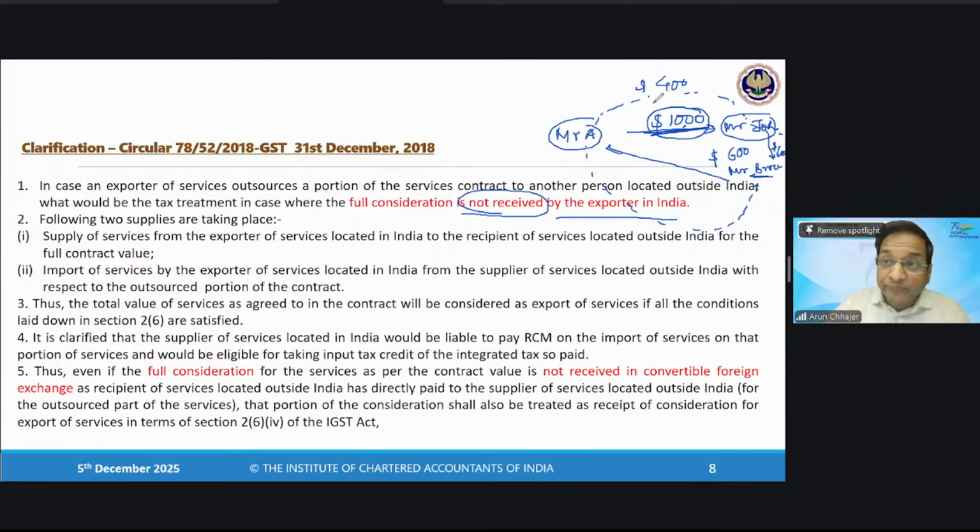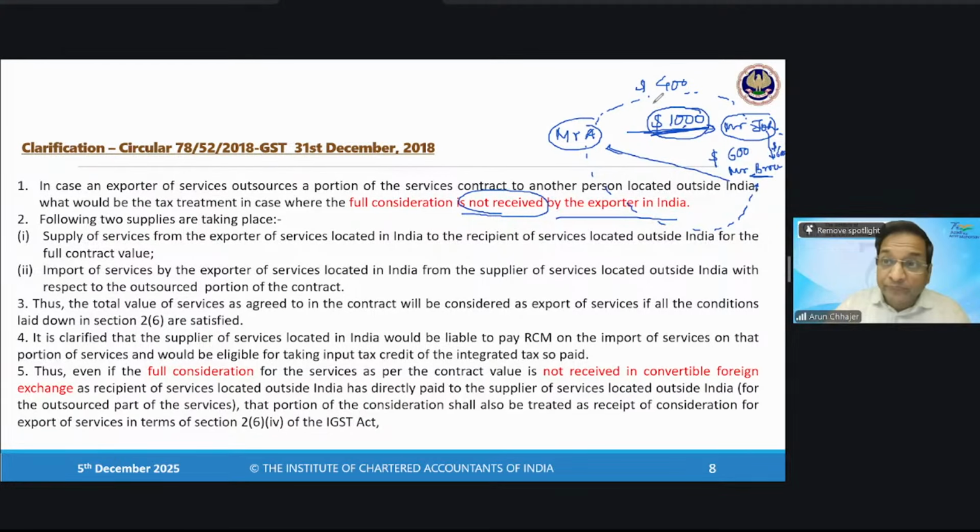See, in this example, there are two services. Supply of the service from exporter in India, that is Mr. A, to the recipient of the service located outside India, that is Mr. John.